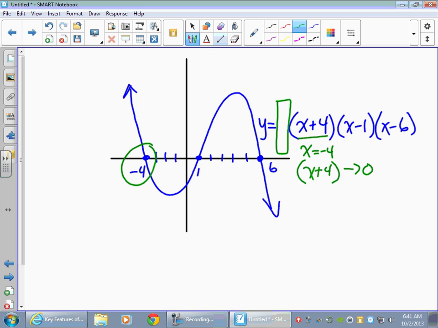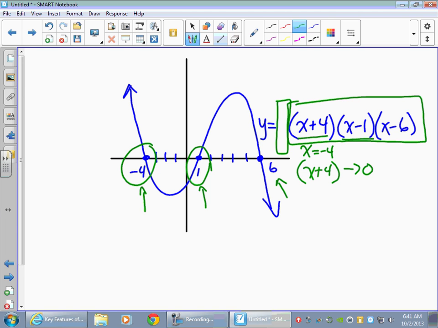The same is true for the other values, in that when I put a 1 into the expression, it has to give me an answer of y being 0. And so right here, when I plug the 1 in, this becomes 0, and the other values will multiply out to 0. So the zeros here at negative 4, positive 1, and at 6 help me establish, again, these three pieces of my expression.